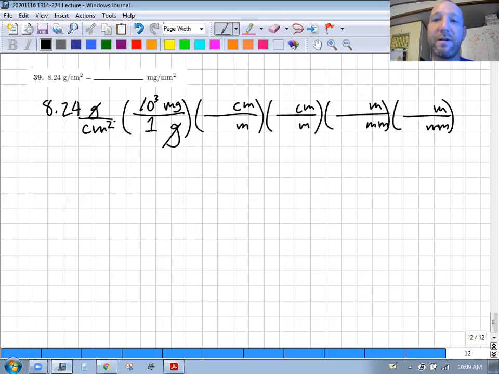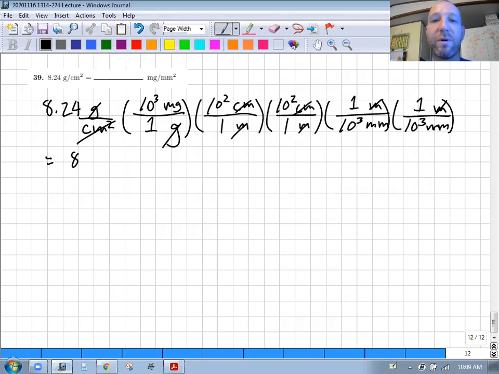Right, centimeters go away, then meters go away, and we got our millimeters squared on the bottom, and our milligrams on the top. So 10 squared centimeters per meter, and there's 10 cubed millimeters per meter.